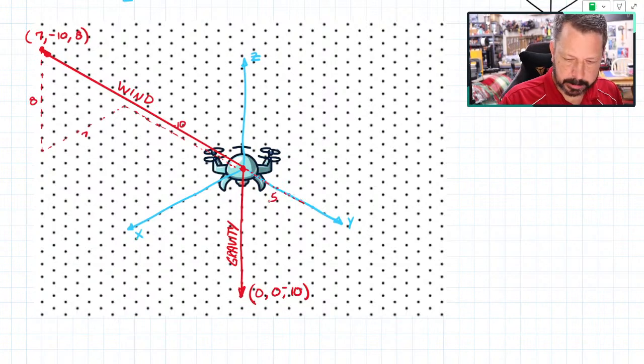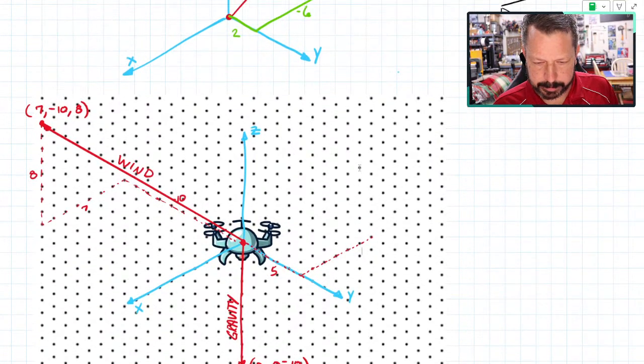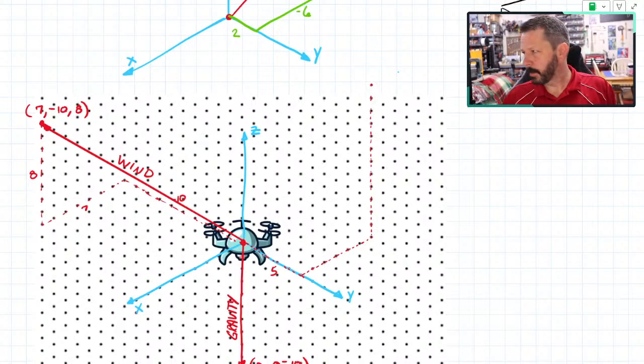In the X direction, I've got it going -6. 1, 2, 3, 4, 5, 6. And then I've got 12 up, so we may not fit this one. I have to scroll it back down. 1, 2, 3, 4, 5, 6, 7, 8, 9, 10, 11. It goes right up there. So I'll move it back in a second.